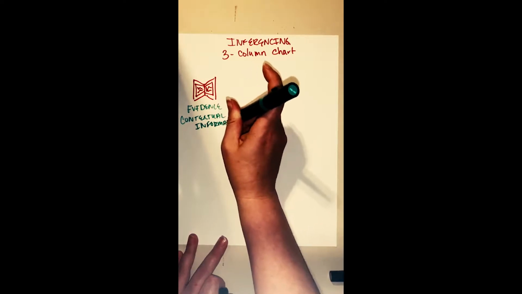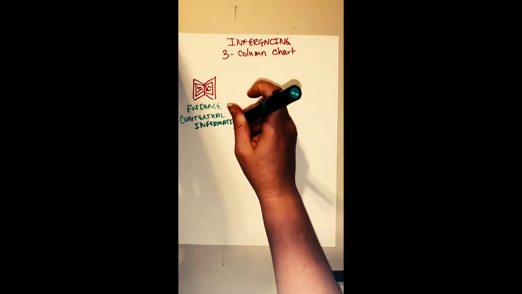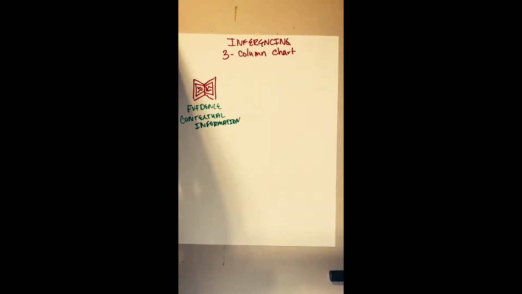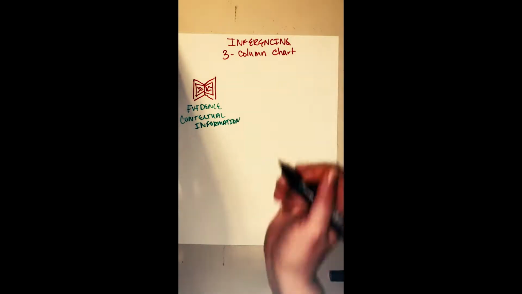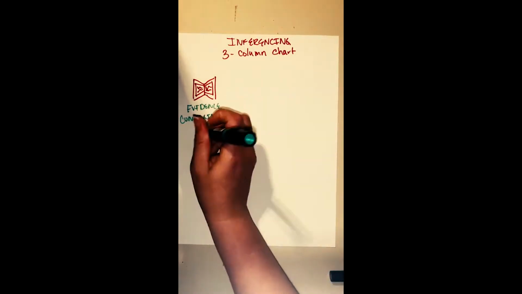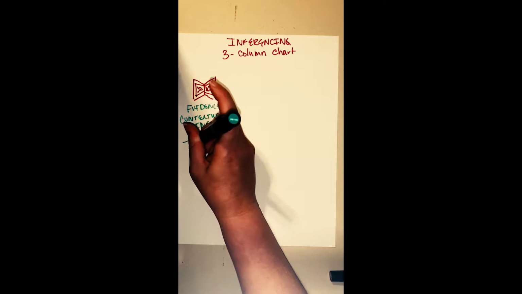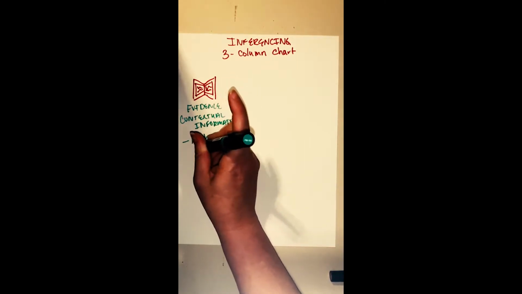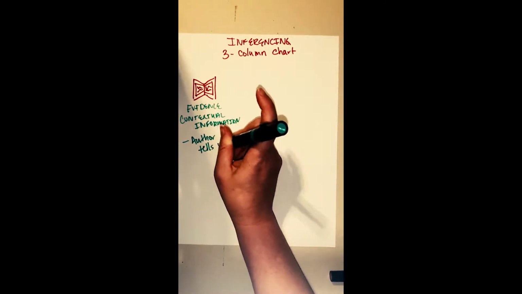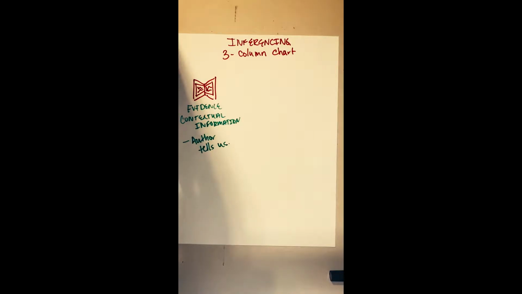There's many different ways to say this. It might be context clues, it might be a number of different things, but really what we're saying is this is the stuff that the author tells us. So if it is a movie, then it might be the stuff that the director tells us. If it is a piece of art, it might be the stuff that the artist tells us, but this is what we're given. So these are our knowns.